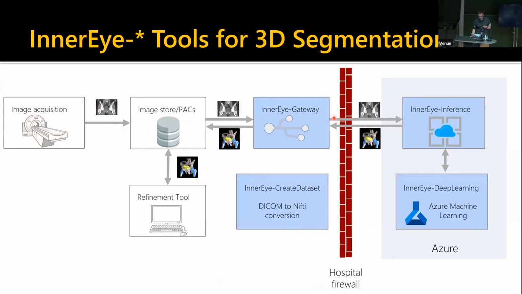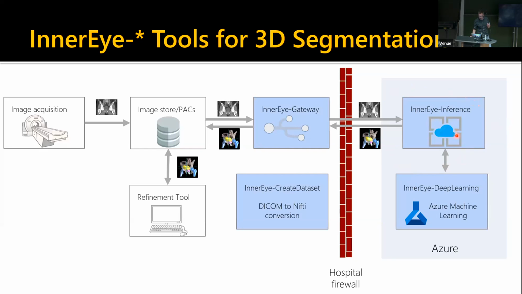We've open sourced the InnerEye gateway, which is effectively a DICOM listener that sits inside of the hospital boundaries and can, for example, pick up a pelvic CT scan. It can be configured to take this pelvic CT scan, strip off all sensitive information, all personal identifiable information, and send it up to the cloud, to the InnerEye inference service.